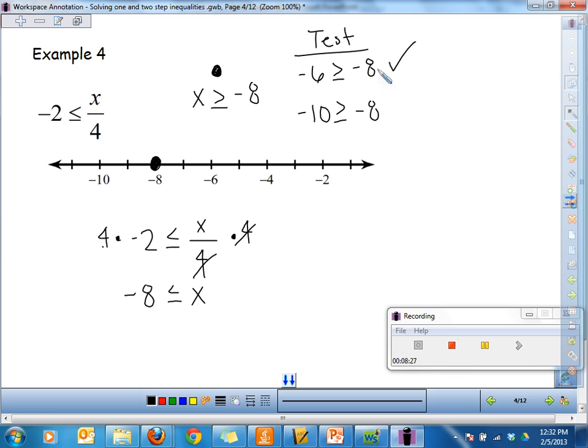Remember, the bigger the negative number, the smaller it actually is. Think about that temperature example. Would you rather it be negative 6 degrees or negative 8 degrees? Probably negative 6. That's a little bit warmer. So negative 6 is greater than or equal to negative 8. Negative 10 is not greater than or equal to negative 8. So that tells me that we need to shade to the right.